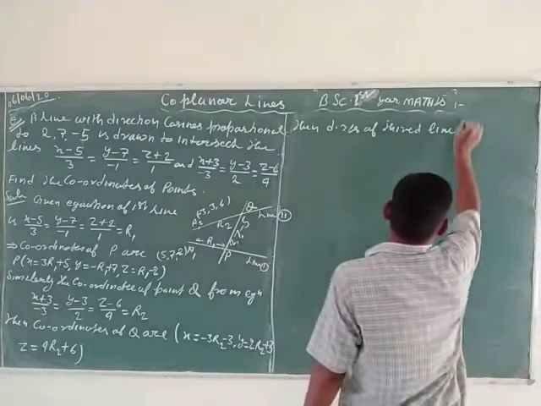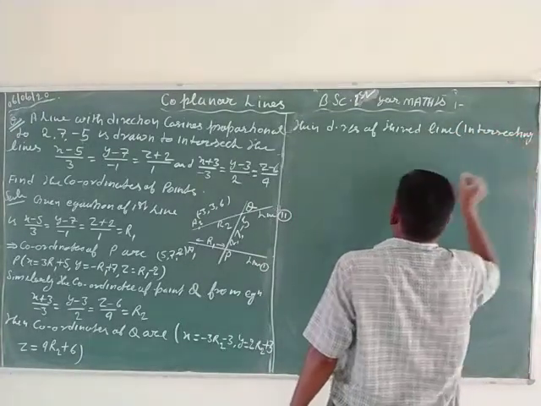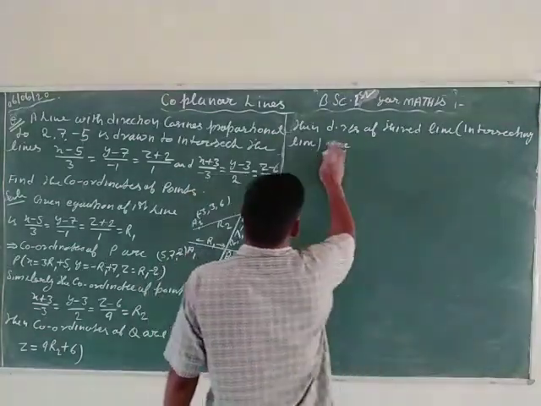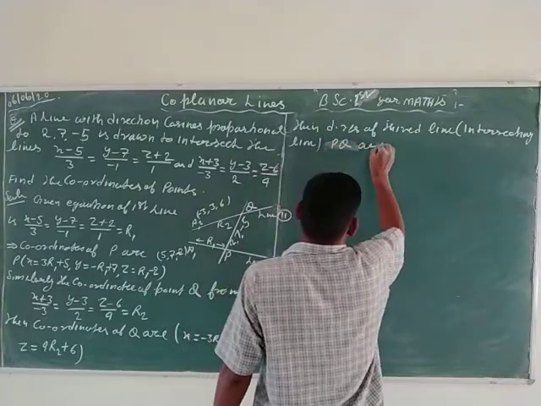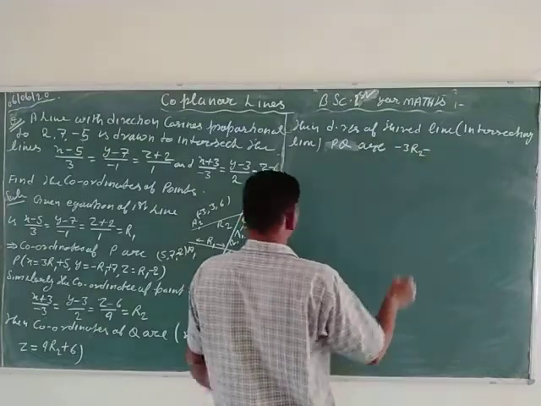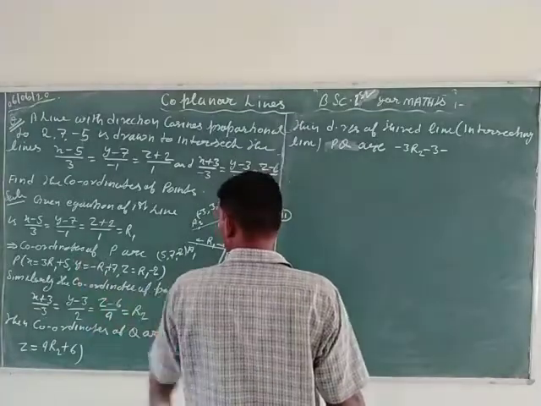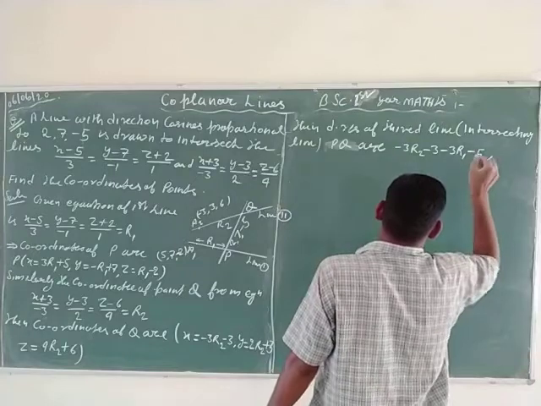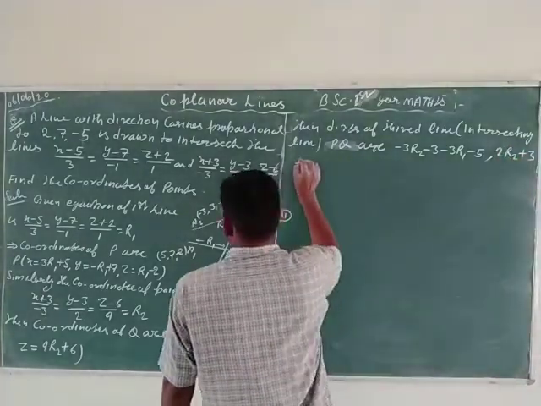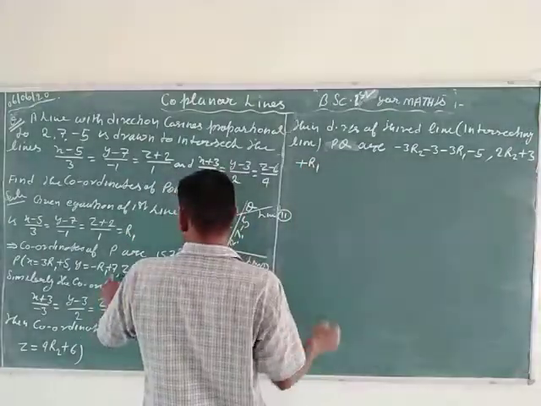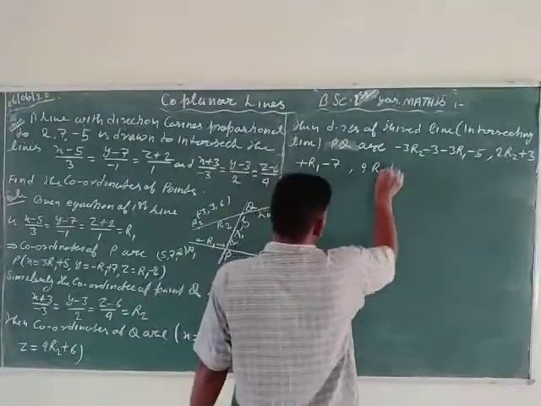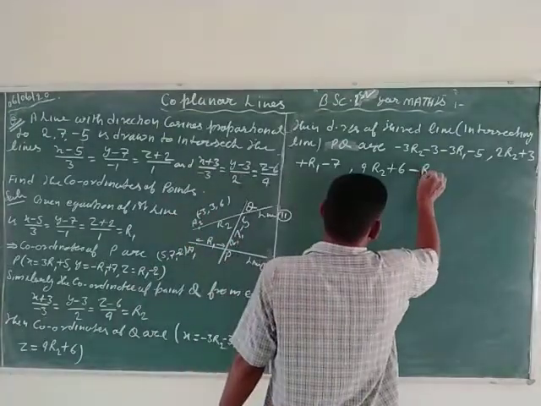Here the third line is the intersecting line PQ, so the direction ratios are the position of Q minus the position of P. So first, minus 3R2 minus 3 minus (3R1 + 5); second, 2R2 + 3 minus (minus R1 + 7); and at last, 4R2 + 6 minus (R1 minus 2).